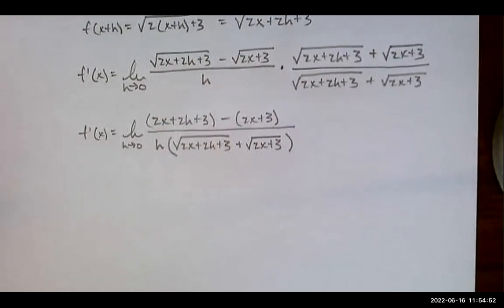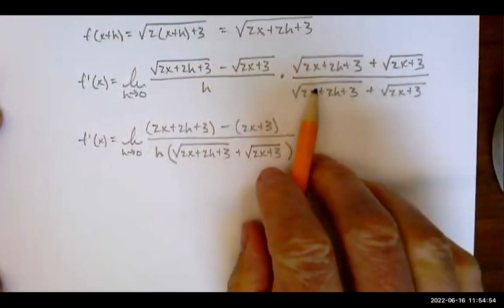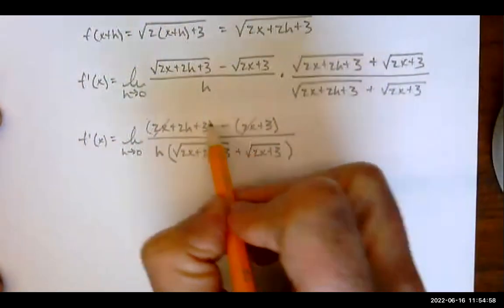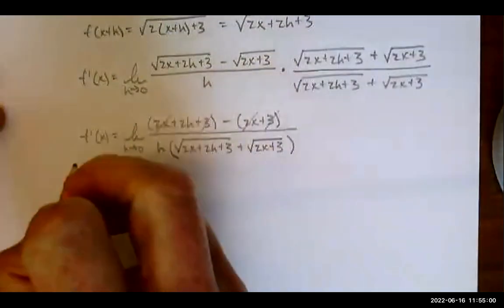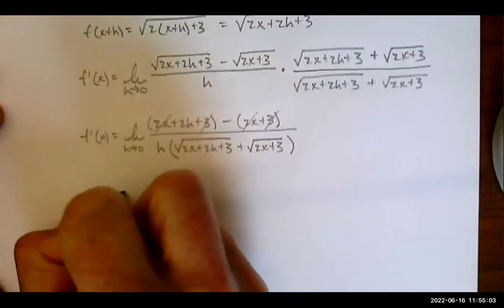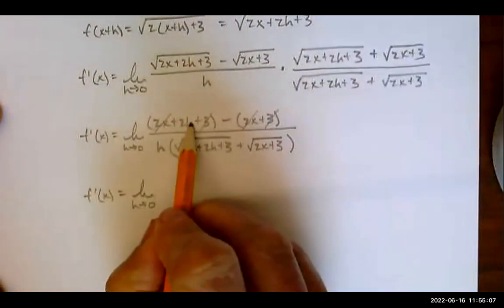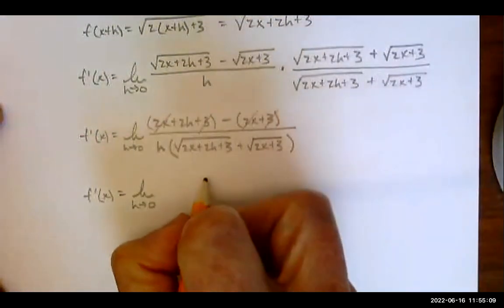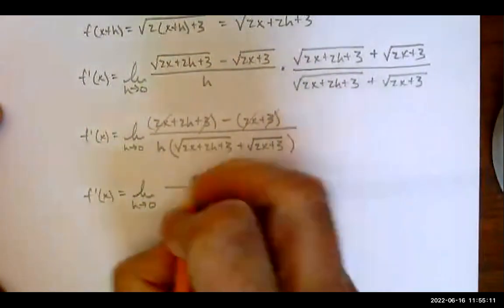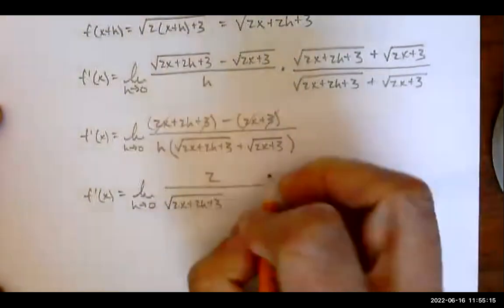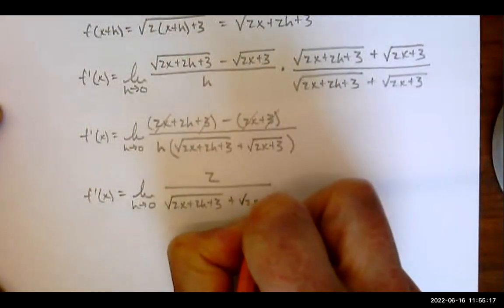Once we have that conjugate, it looks like a mess, but it's going to clean up so good. The 2x's cancel, 3 minus 3, and then finally those h's cancel out as well. So we got 2 over the square root of 2x plus 2h plus 3 plus the square root of 2x plus 3.